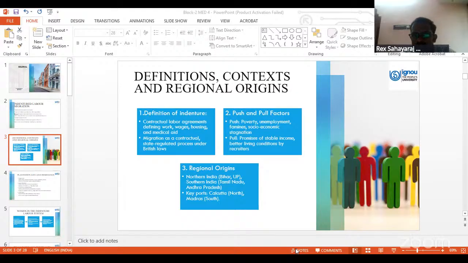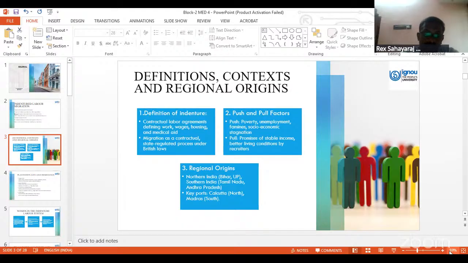And when you see the push and pull factors, for example, the push factor, we know what is pushing them from their homeland to go there, and what is pulling them from their hosting land. So for the pushing, we know very well that poverty and unemployment are the main reasons. People are under the poverty line, and the families need to be given food and everything.